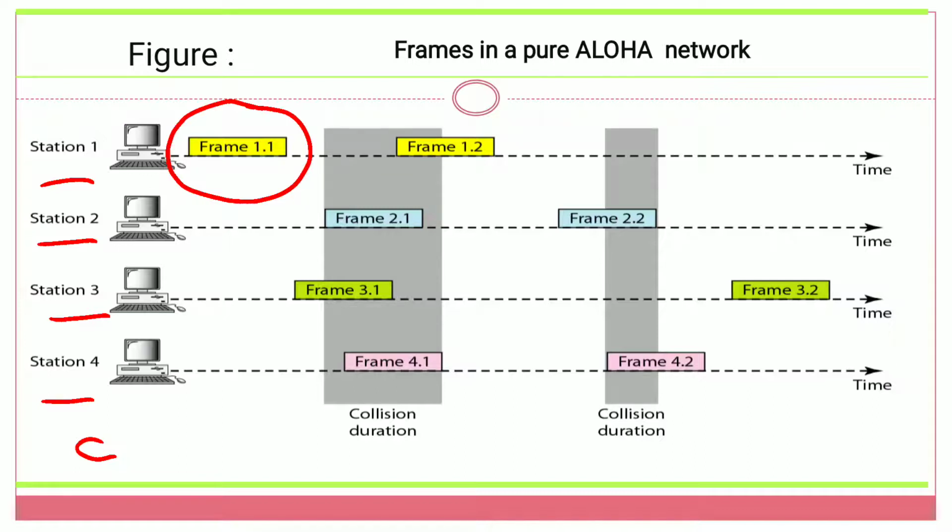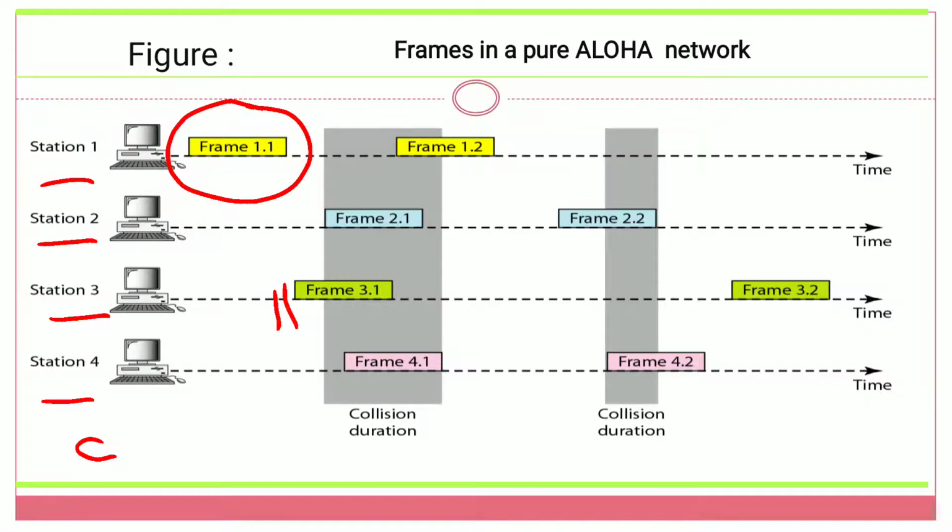Next, on the timeline, frame 3.1 is started by station 3. At this point of time, if you observe the diagram, no other station has started any transmission.